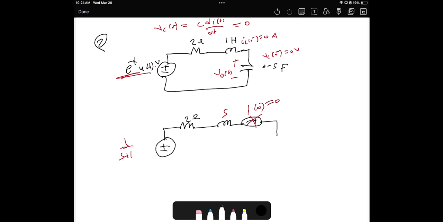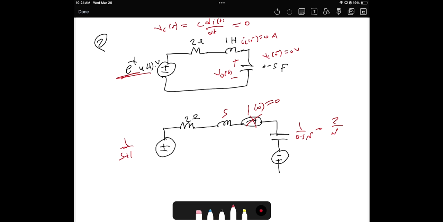What will happen to the capacitor? It will be a capacitance here, and there is a source. So that capacitance is 1 over sC, which is 1 over 0.5s, in other words, 2 over s. How about this source?